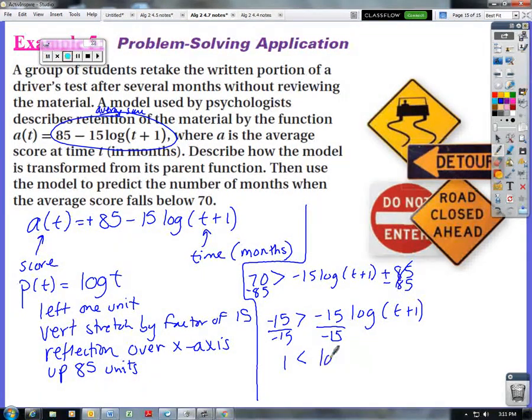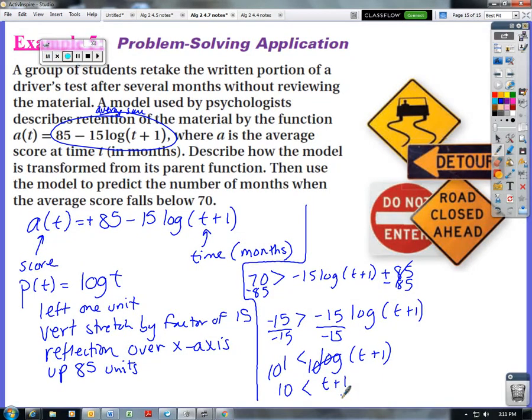And then we've got log of t plus 1. Now we have a logarithmic equation, and we undo logarithms with exponentials. The base of this logarithm is 10, so we're going to make them exponentials with base 10. So 10 to the 1 is 10. That's out of there. T plus 1. And we're almost done.